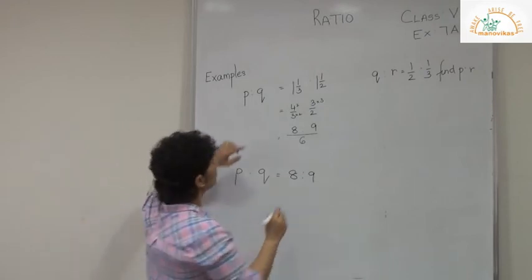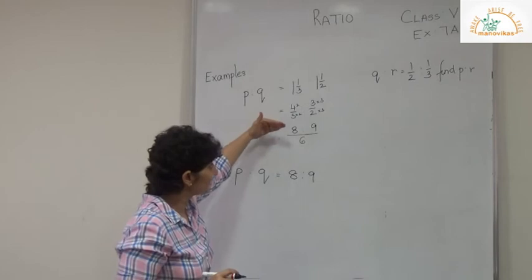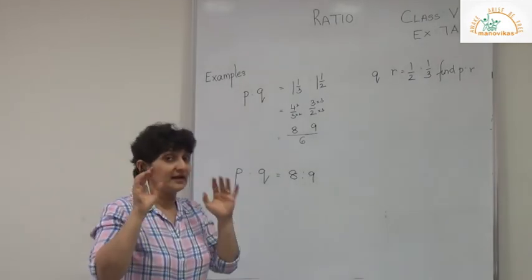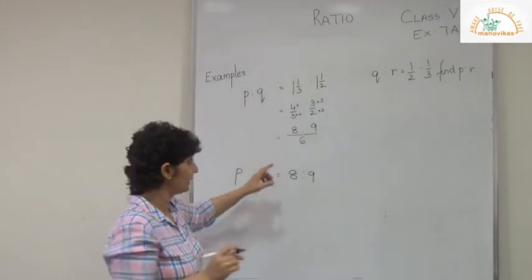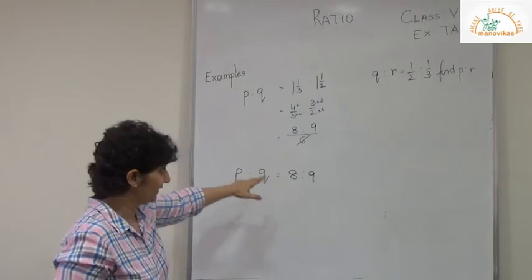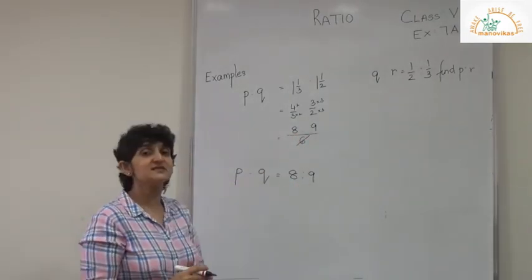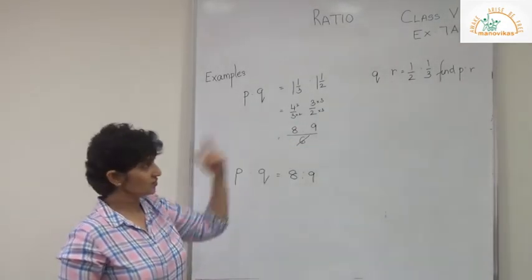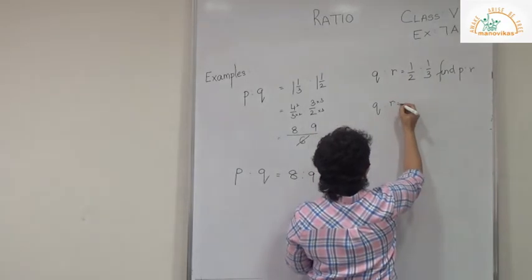Have you all understood? When you have fractions, convert it into an improper fraction. In ratios, whenever we have fractions, we find the LCM, we ignore the denominator and we take the numerator. So P is to Q is 8 is to 9. Similarly, what do I get with Q is to R?